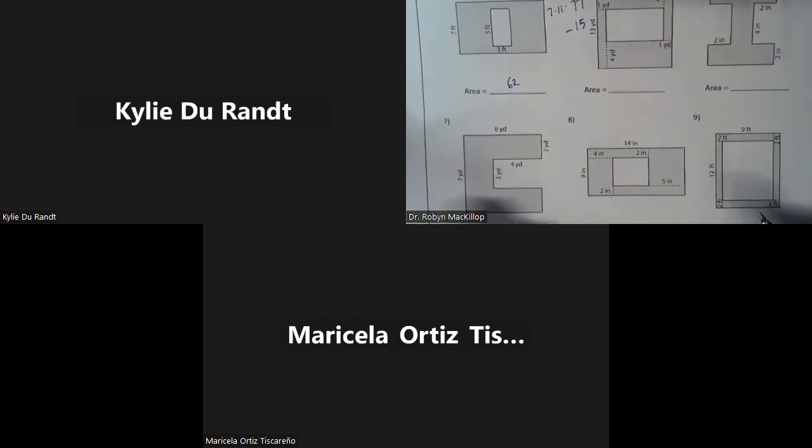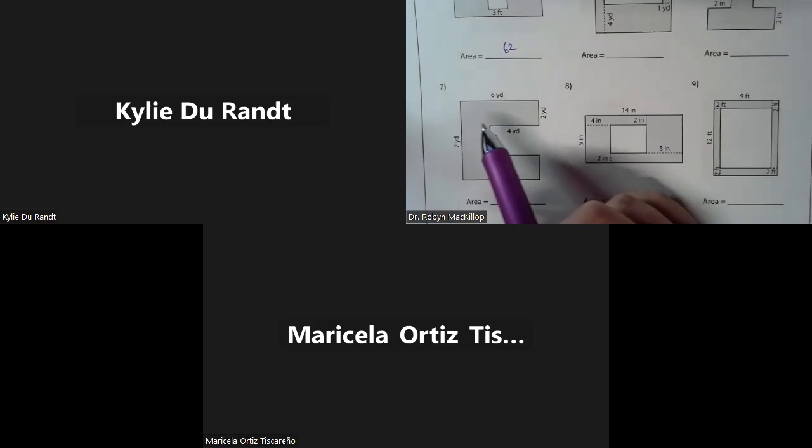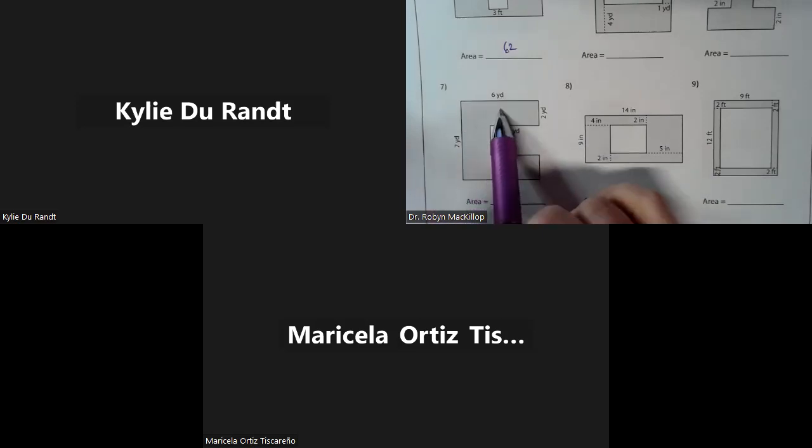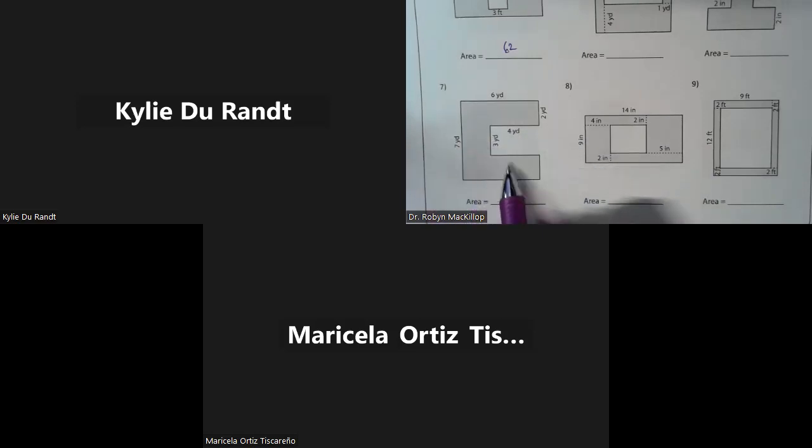And for the rest of these shapes, they're the same idea. Here, you're going to have 3 rectangles. You don't even have to worry about this because it's not connected. This one is not going to be the same as this, because look at that. That one's 5 right there. That one's 4. So you just go through and you do 1 rectangle.